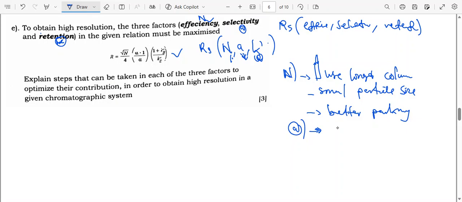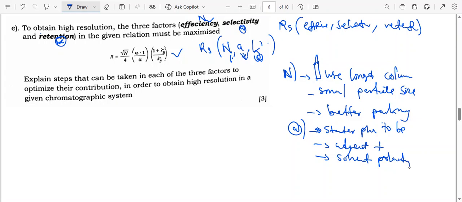So we change the stationary phase, and we also adjust the temperature, because temperature will allow the two to separate. The other thing is to change the solvent polarity. That is how we can improve it.